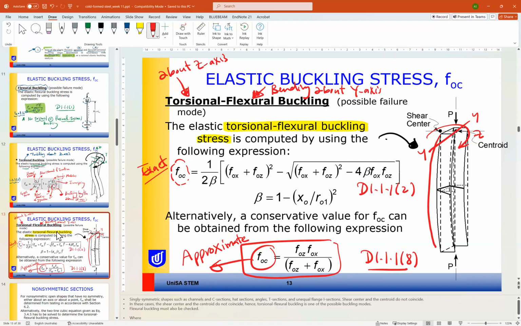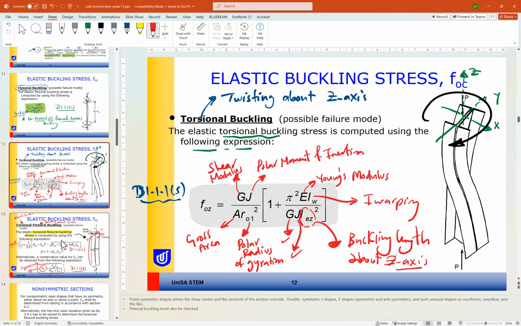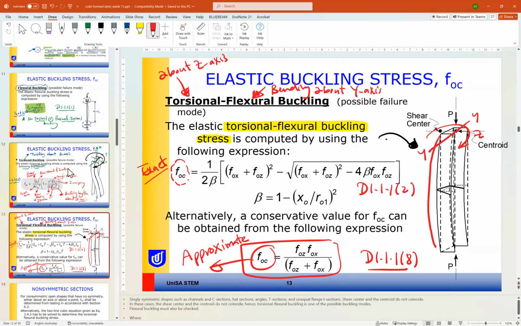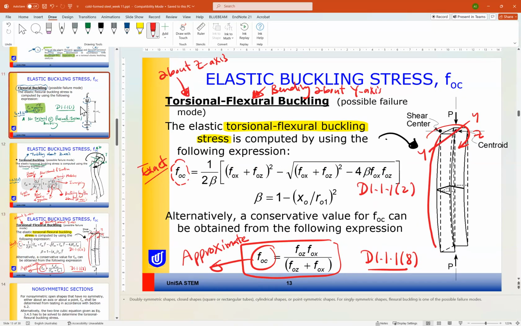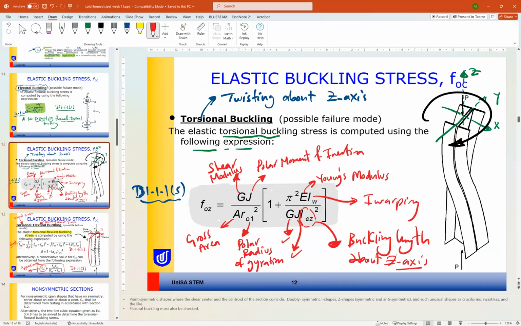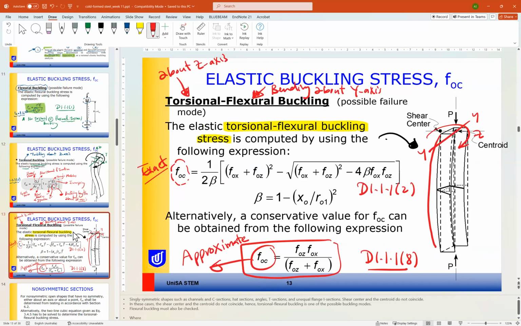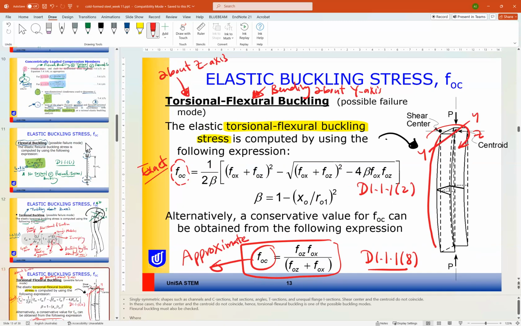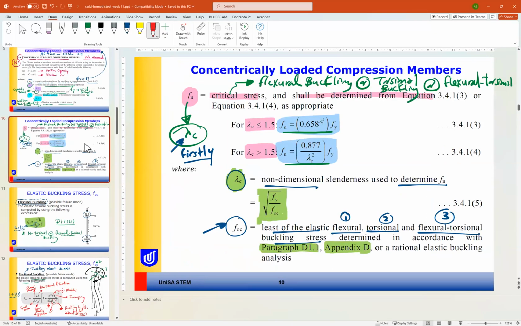So, in summary, we will have three stresses for the critical stress FOC. One of them using the formula here, D1.1.11, one for the torsional buckling here, which is clause D1.1.15, and one for the flexural torsional buckling, which is D1.1.12. So our FOC will be the least of these three.